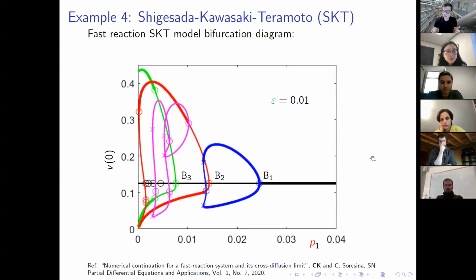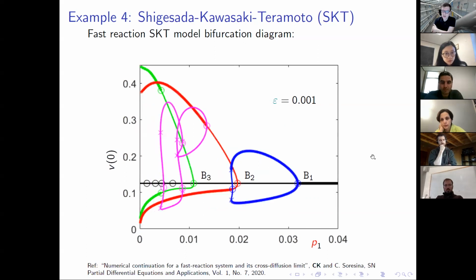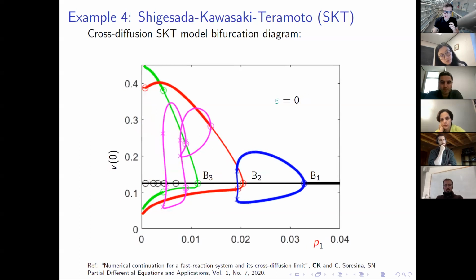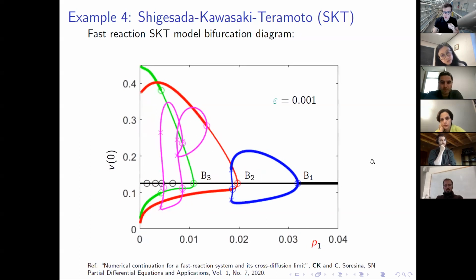So you need to go down quite a bit, at least to 0.01, to see the resemblance really of the diagram that we had before. And only if you go really to 10 to the minus 3, you see that you are very close to the limit. So these last two are not very distinguishable. But even there are little things that change, particularly if you go with the parameters also to a singular limit.